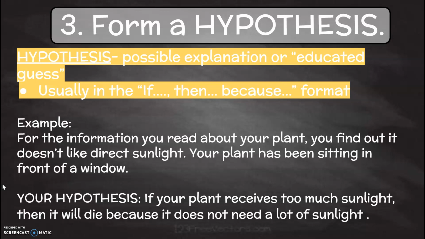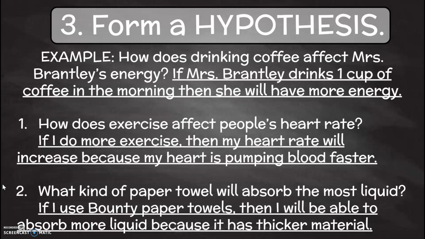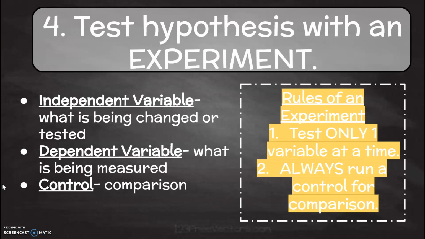See how it used the if, then, and because format? And it gave a reasonable explanation for your hypothesis for your question. These are some things that you can just look at to help you with more understanding and to help you practice forming a hypothesis.